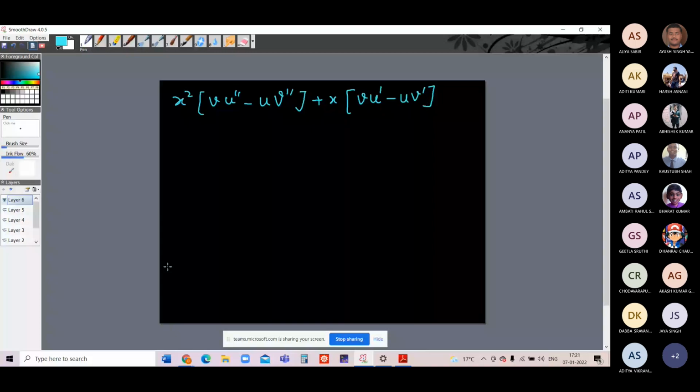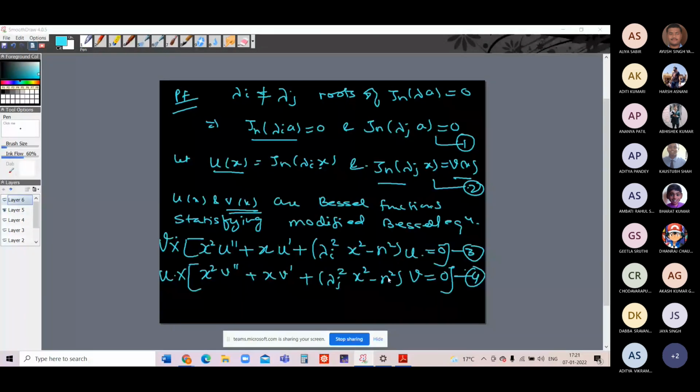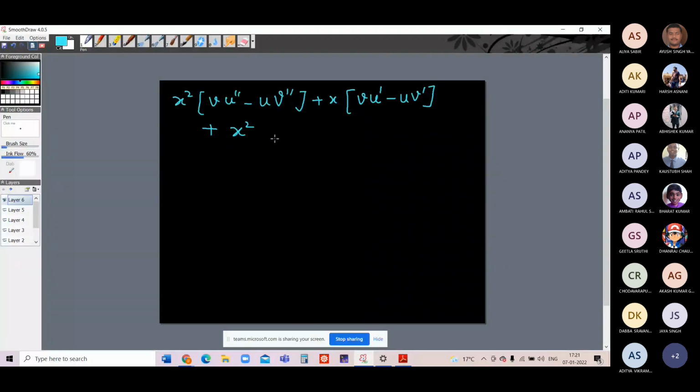plus x square n square u v. These two will cancel on subtracting, so only the lambda terms remain. So we can write here lambda I square minus lambda j square u v is 0.